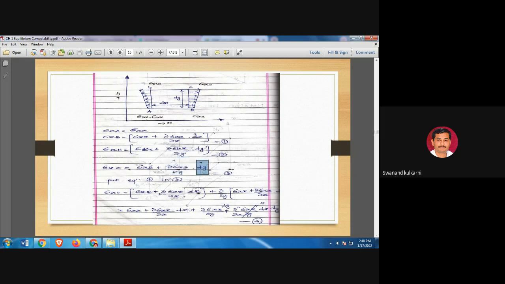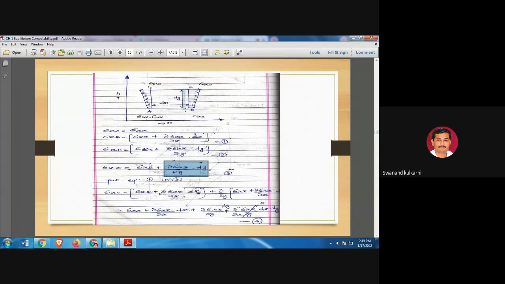So how will this total equation now get generated? See here, sigma xc is nothing but the stress present at point C, and this sigma xb is the stress present at point B, to which this particular part is added, and this part is nothing but the differentiation of this sigma xb with respect to y and at a distance of y.